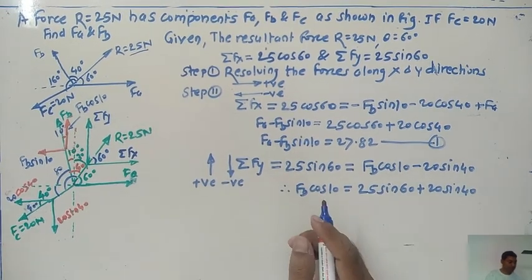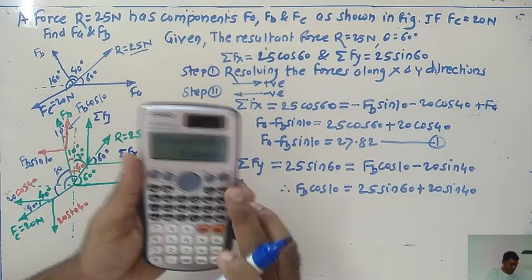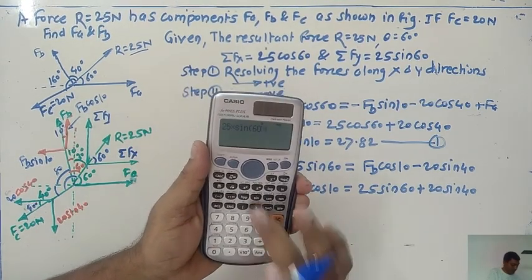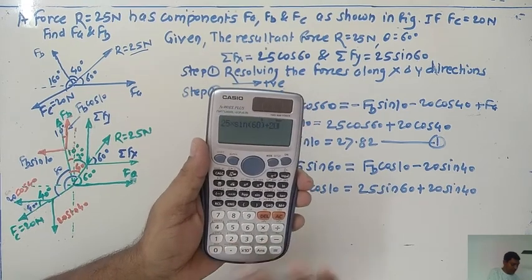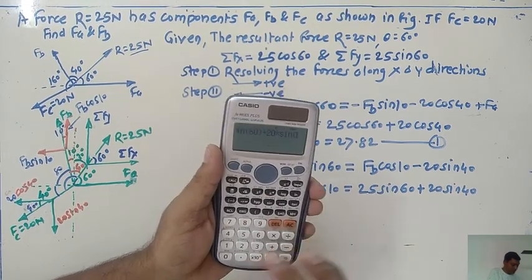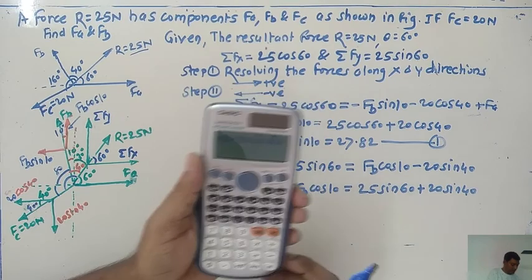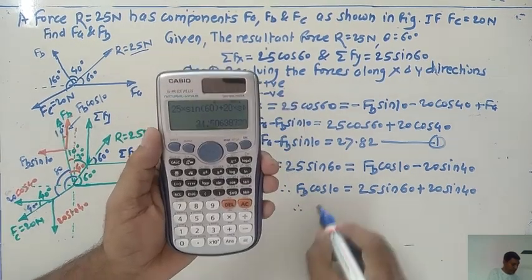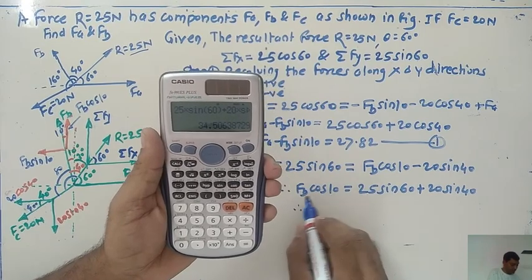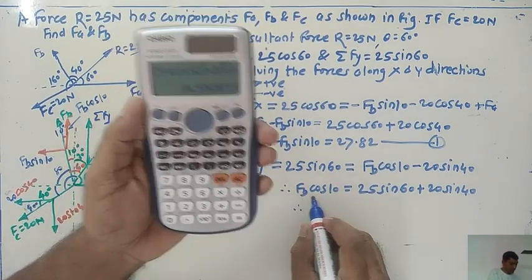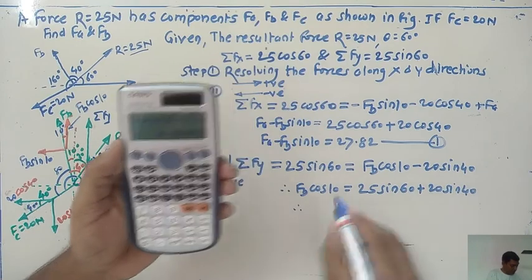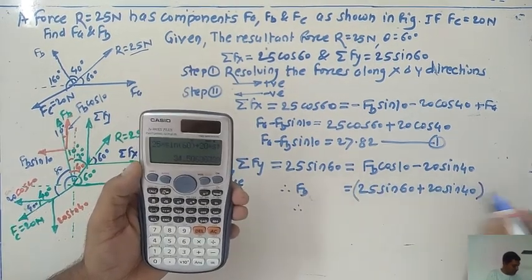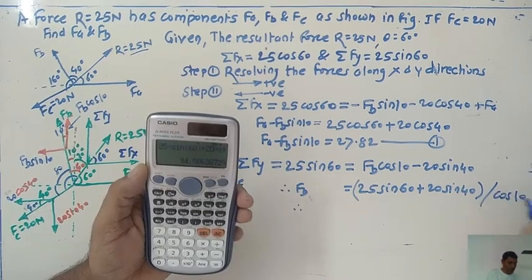Solve this: 25 into sine 60 plus 20 multiplied by sine 40. Since cos 10 is multiplied with this term, if I take the cos term to the other side, it goes in the denominator.